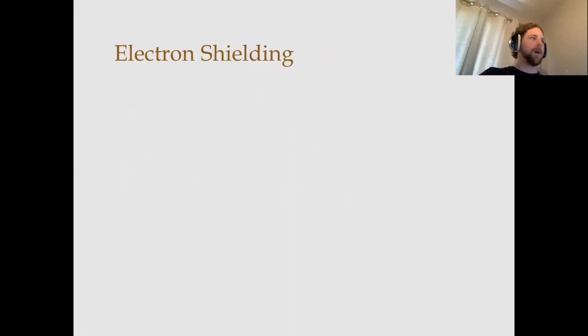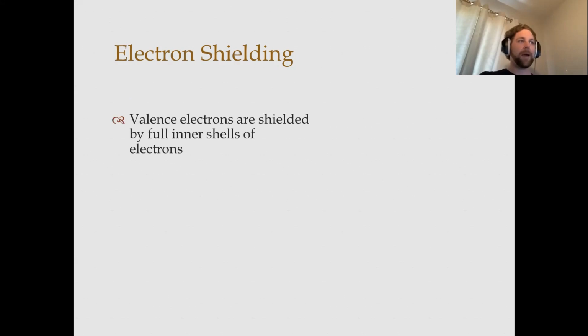One of the big ones that we're going to get into early on that helps us define size is electron shielding. The idea is when you have an atom, here's our nucleus, the first energy level is a 1s orbital, and it can only hold 2 electrons.